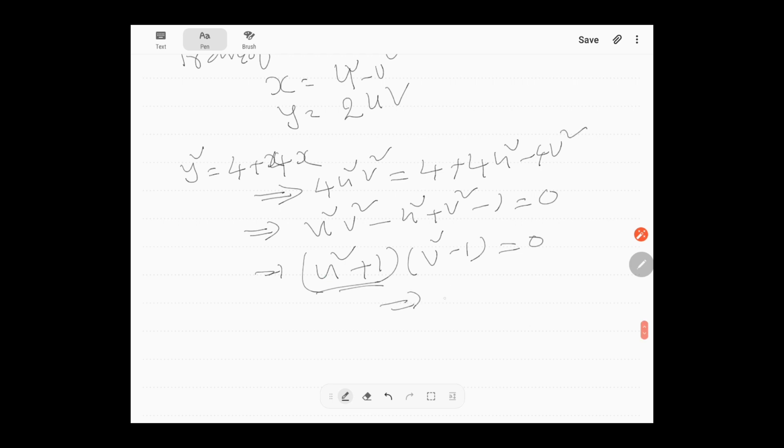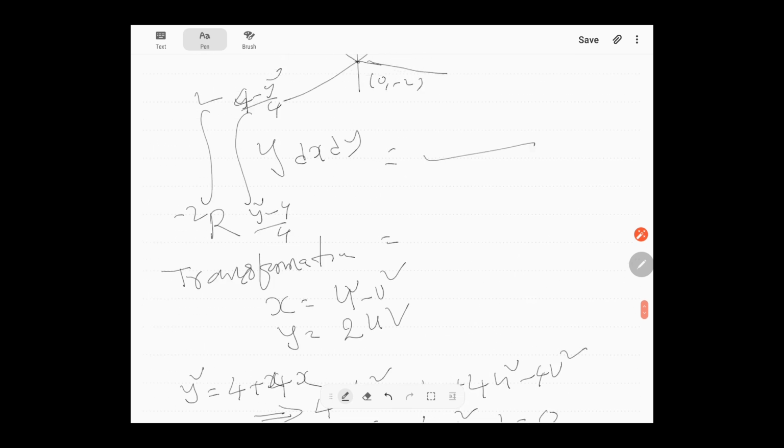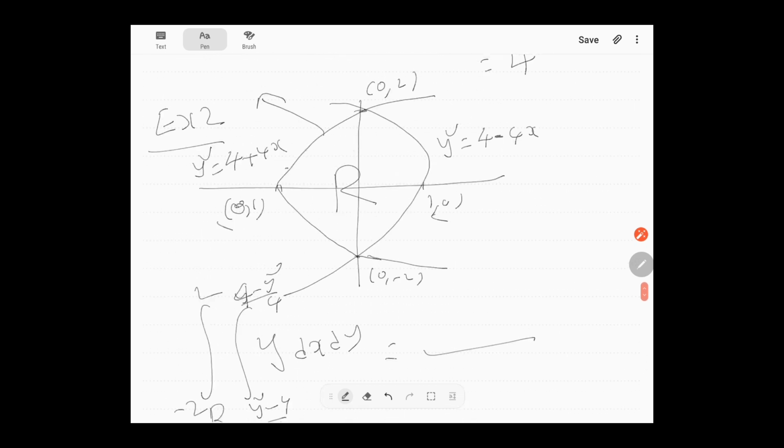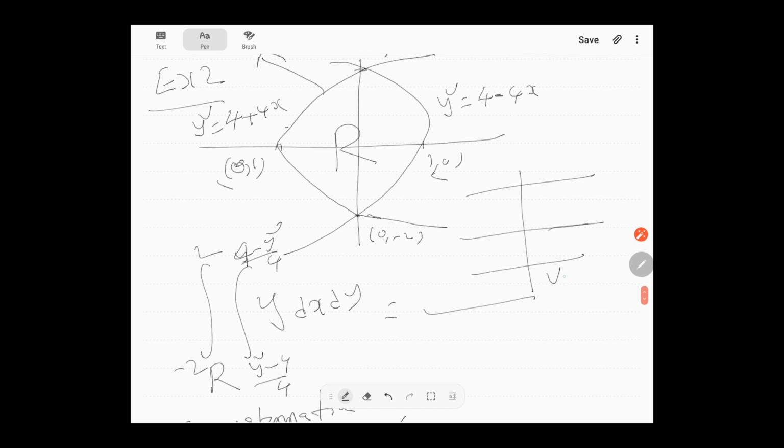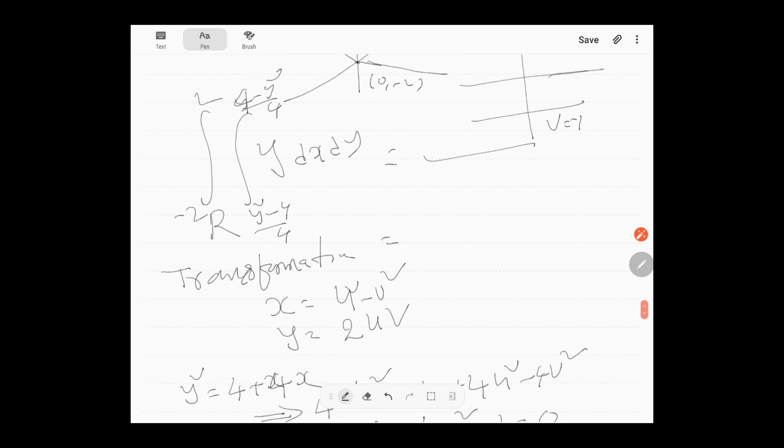Therefore the only possibility is v square is equal to 1, that means v is plus or minus 1. So this parabola in the UV plane has become v equal to minus 1 and v equal to 1.